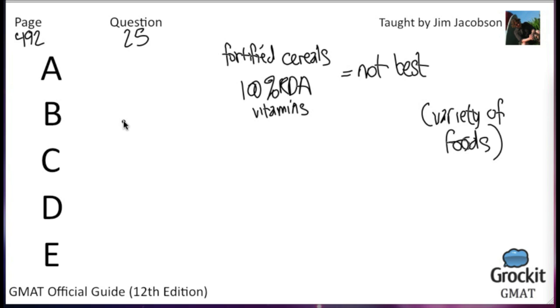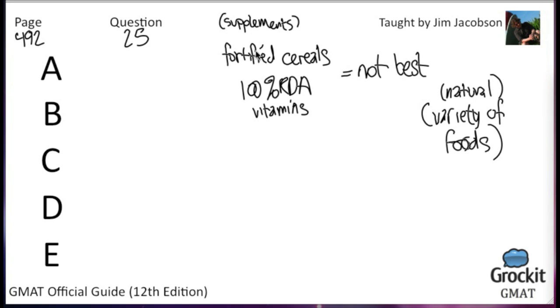Answer choice A. In many foods, the natural combination of vitamins with other nutrients makes those vitamins more usable by the body than are vitamins added in vitamin supplements. Well, that sounds pretty good, actually, because what this is saying basically is that vitamin supplements are these guys, and the variety of foods are the natural ones.